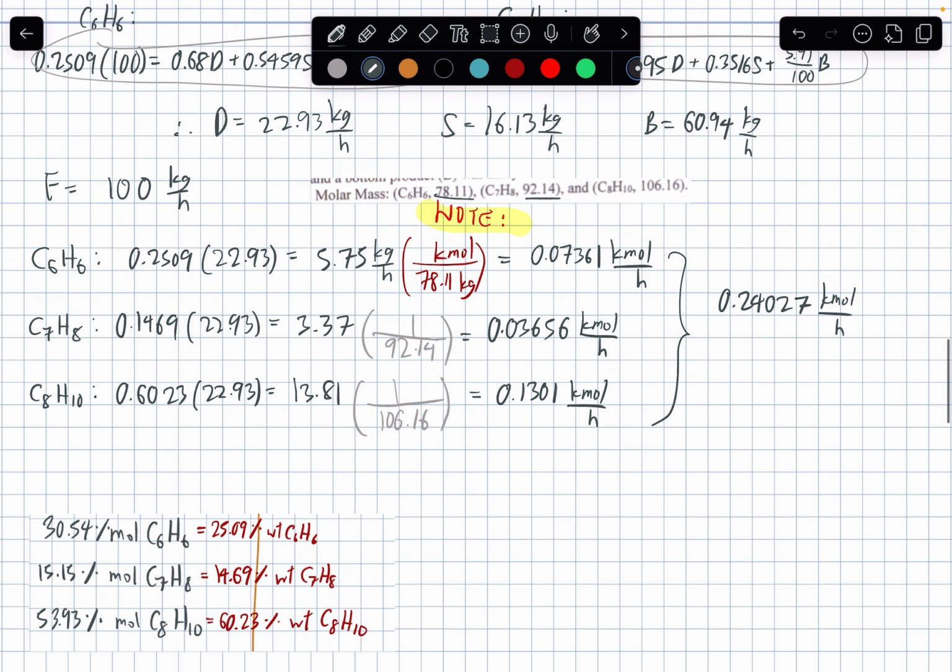But I think the approach is still the same. Let me just verify what has to be changed in the solution. Yep, a lot actually. This is supposed to be 100. Recalculate.